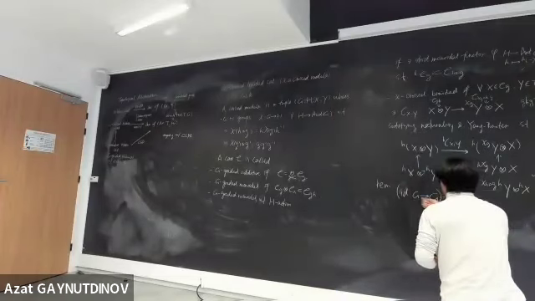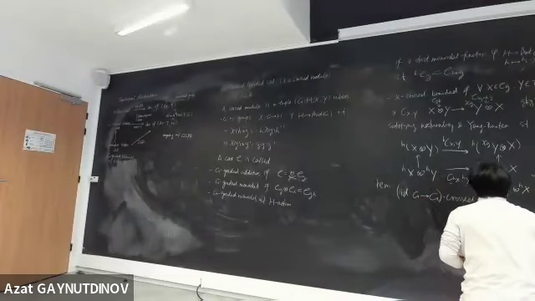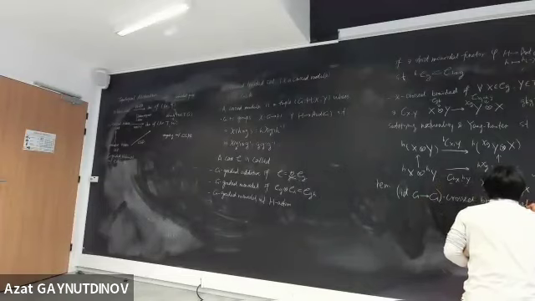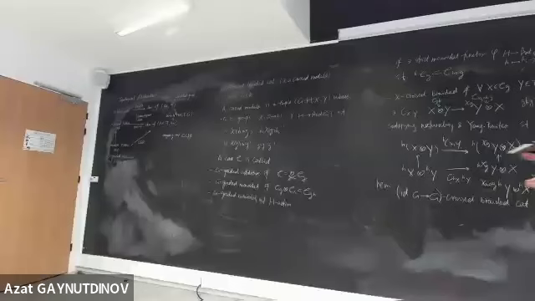So you can consider this crossed braided category. This is just a G-crossed braided category in the more usual sense.